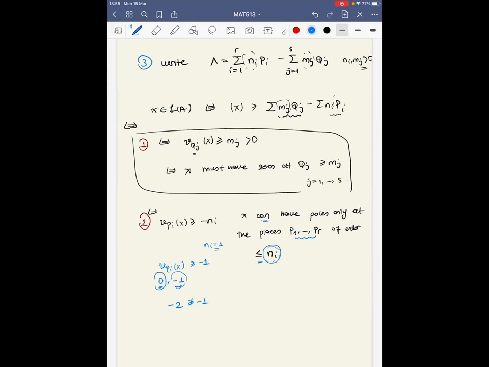And thanks to this remark, we can view the L spaces as containing functions with prescribed poles and zeros, roughly counting all their multiplicities.